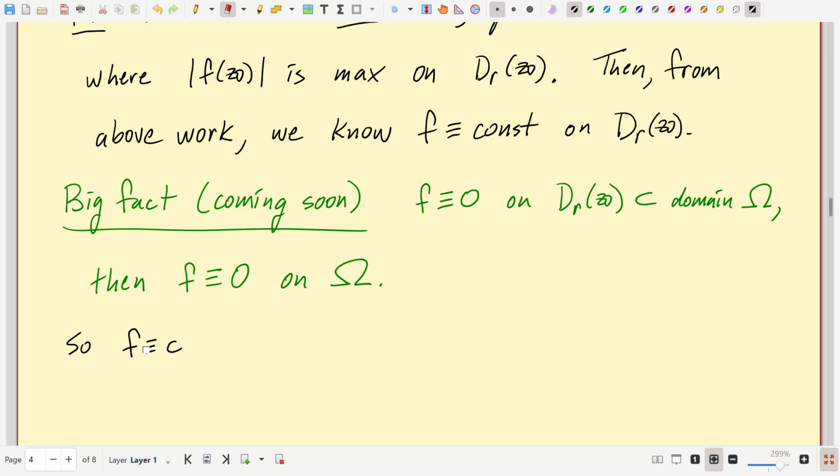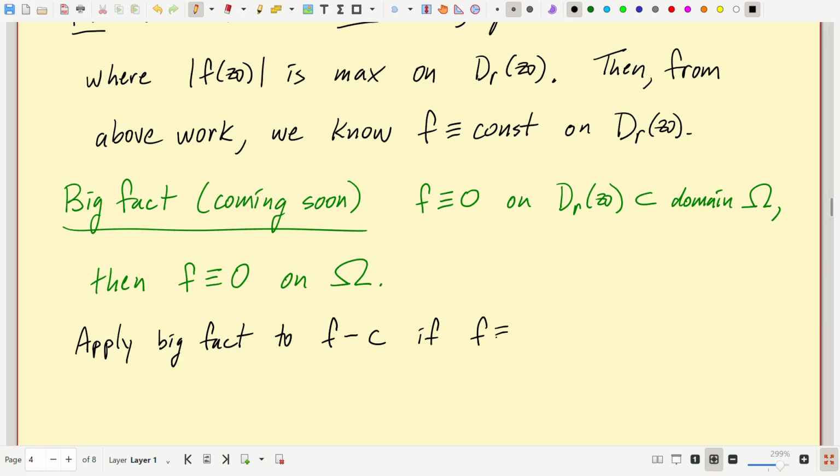So I would apply this big fact to f of z minus c if f is identically equal to c on the disk of radius r about z naught contained in domain omega. Okay, so the punchline for that fact would come later, but at least I'll state that big fact now.